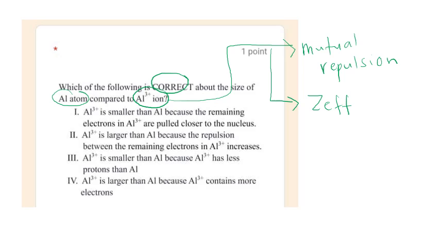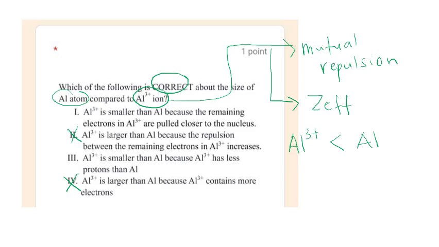As we all know, a cation has already released electrons, so the size of the cation will be smaller than the atom. Hence, option 2 and option 4 are out.